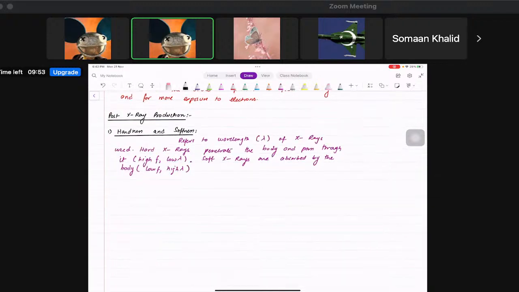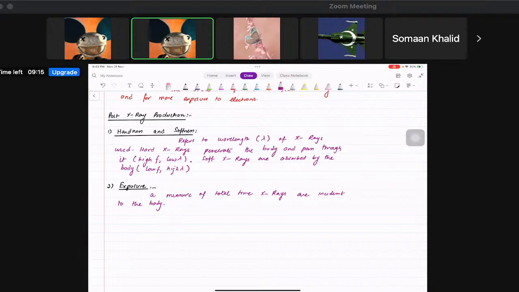Then comes exposure. Exposure, like the word suggests, would be a measure of total time X-rays are incident to the body.